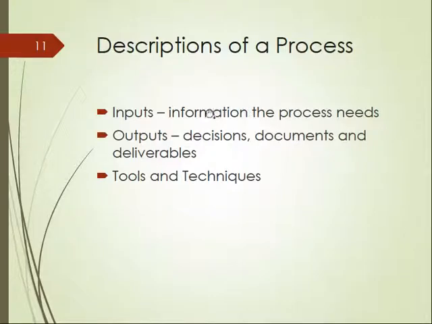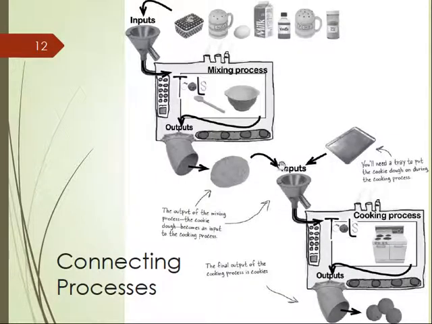First, each process will be defined by the input, sometimes it's documents, okay, and sometimes it could be programs. And so each process will be defined by inputs, outputs, and the kind of techniques you use. And processes can be connected by some process outputting something for the input of another one.